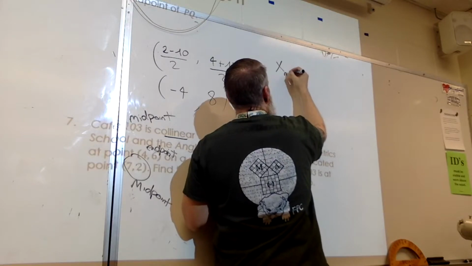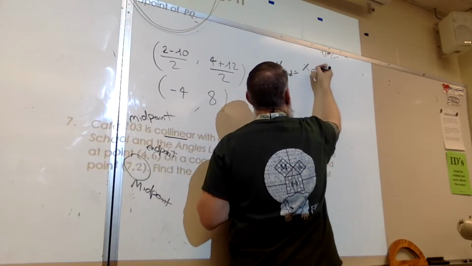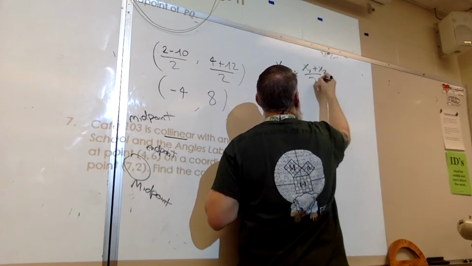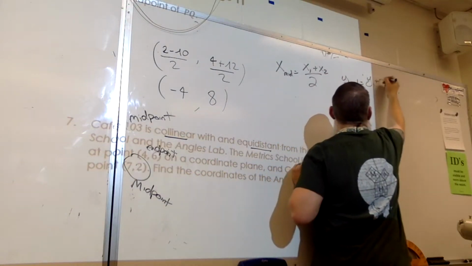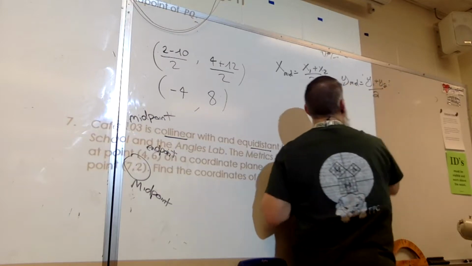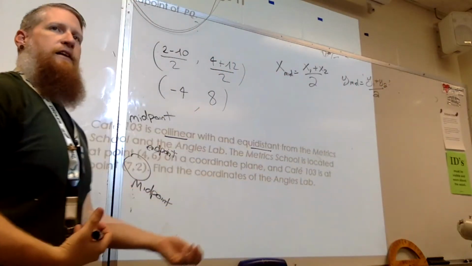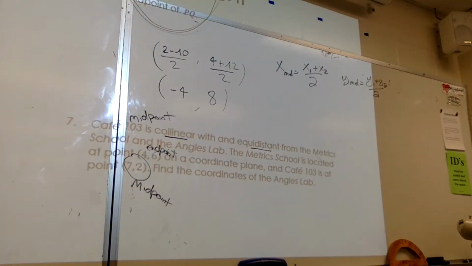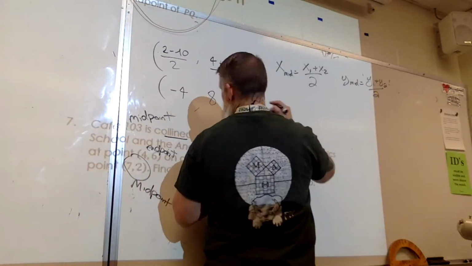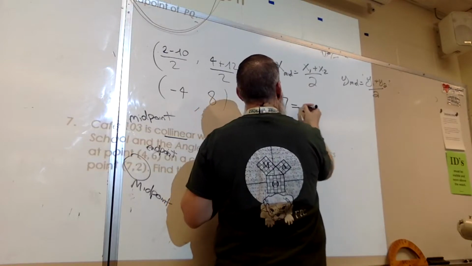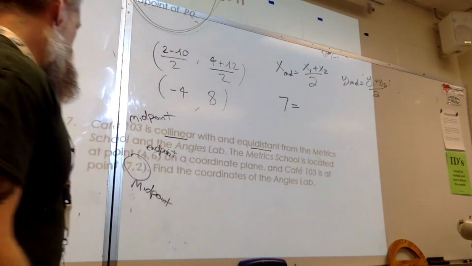where the x for the midpoint equals x1 plus x2 over 2, and the y for the midpoint. So you're multiplying the midpoint by 2 and then subtracting the other coordinate that's there, the other endpoint. So if I plugged in the numbers I had there, that was 7, 4 and 6.